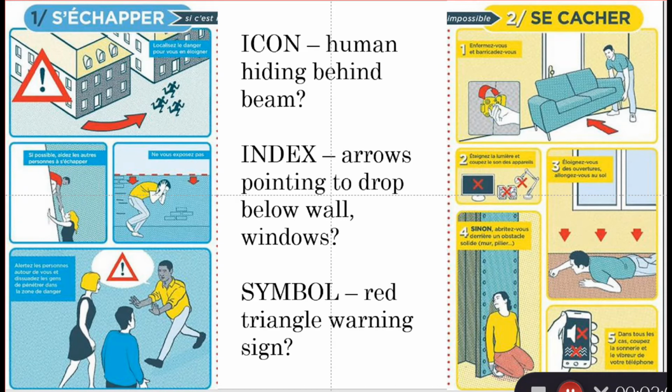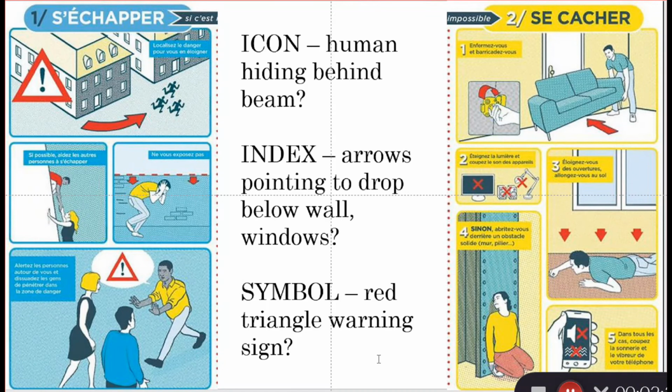So an icon might be an example of the human hiding behind a beam, right? So probably no matter which part of the world you're from, no matter what language you speak, you can probably figure that one out, right? It's a representation of a human hiding behind a beam, right? So an index might be an example of the arrows pointing to drop below the wall or to drop below the windows, right?